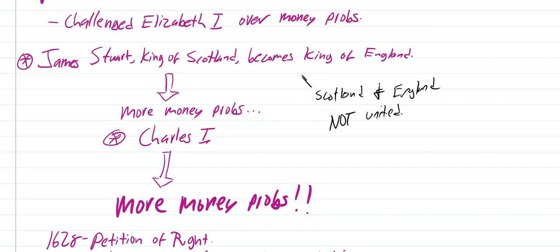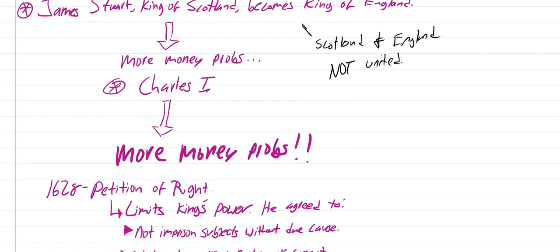So, essentially, they have one king that governs both of them, but they consider themselves completely different places. It would almost be like if you were a teacher and you teach two completely different classrooms.